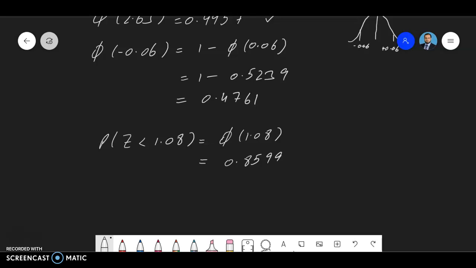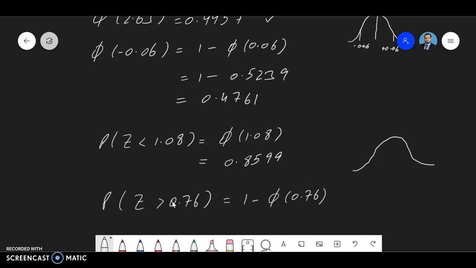Okay, so that is for less than 1.08. Similarly, if we know the z-score and it says z is greater than 0.76, then in this case, whenever it is greater than, what we need to do is 1 minus phi of 0.76. Let's try to sketch this to understand.